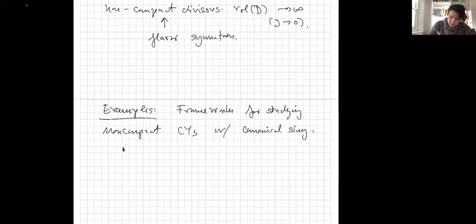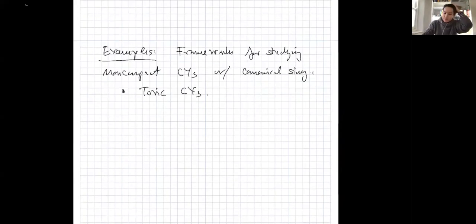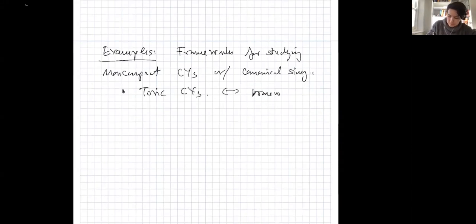Probably the most familiar one is the toric Calabi-Yau 3. They're nice because they are dual to brane webs, and they're relatively simple combinatorially. But they have somewhat limited scope.